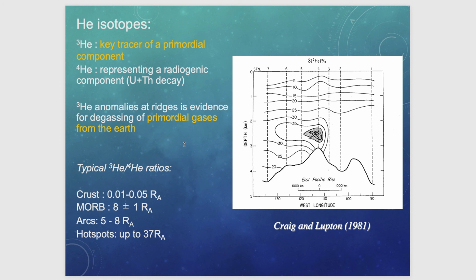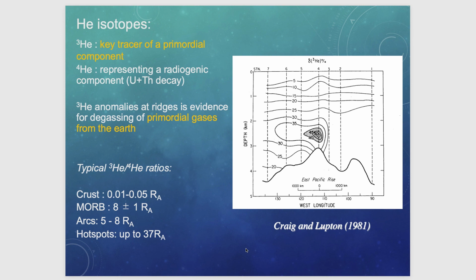This is also illustrated here, because if you look at the crustal composition, this ratio will be under 1. Instead, for mid-ocean ridge basalt, it jumps to 8. And on arcs it is also very similar, but you can see in the hotspots, deeper ones that contain OIB type basalts, so ocean island basalts, will definitely be more enriched with a value of 37, which is consistent with what we find here on the ridge axis.